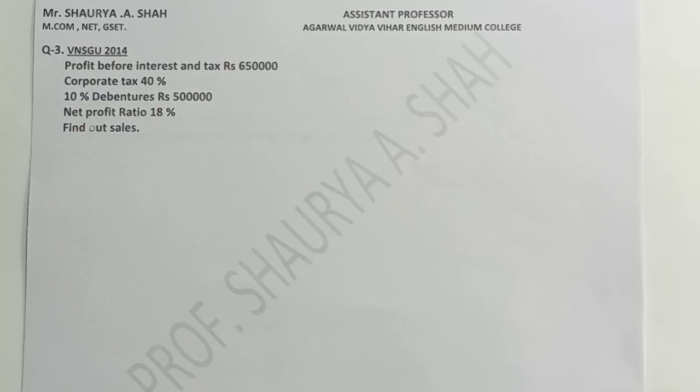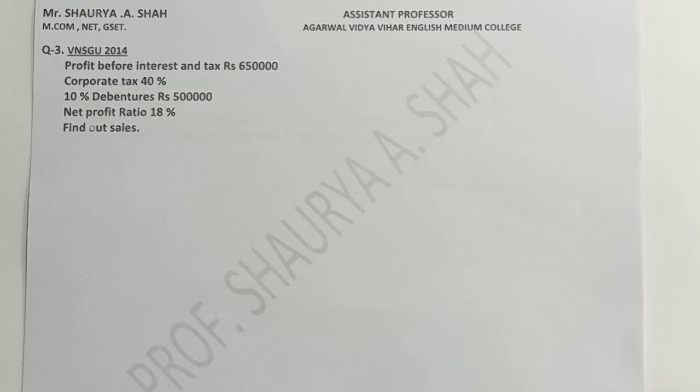This is VNSGU 2014. You have been given profit before interest and tax rupees 6,50,000. Corporate tax rate is 40%. 10% debentures is rupees 5 lakh, and NP ratio is 18%. So these 4 pieces of information are given. On the basis of this information, students, you need to find out the sales amount, right?